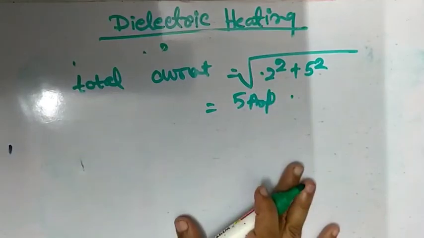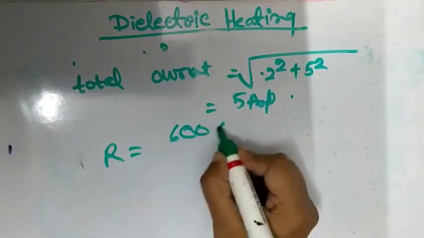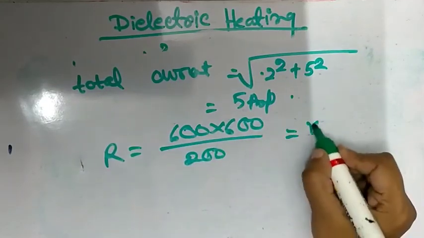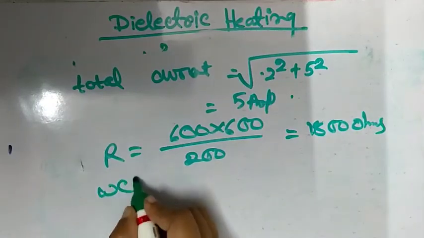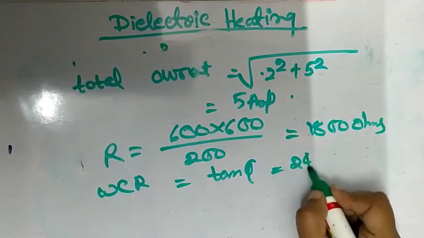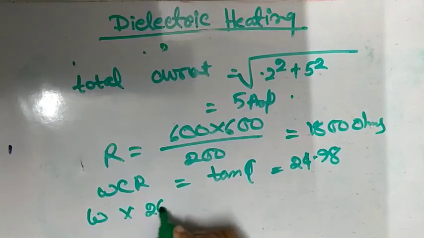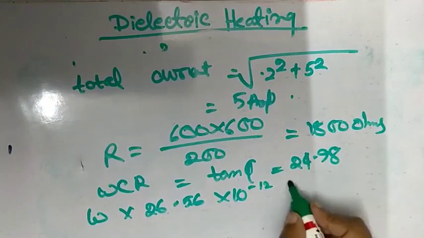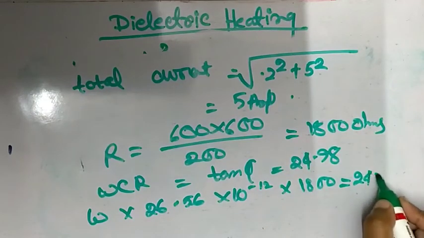Now if the voltage were to be limited to 600 volt, then R is equal to 600 into 600 by 200, that is 1800 ohms. And omega CR is equal to tan phi equal to 24.98. Omega into 26.56 into 10 to the minus 12 into 1800 is equal to 24.98.